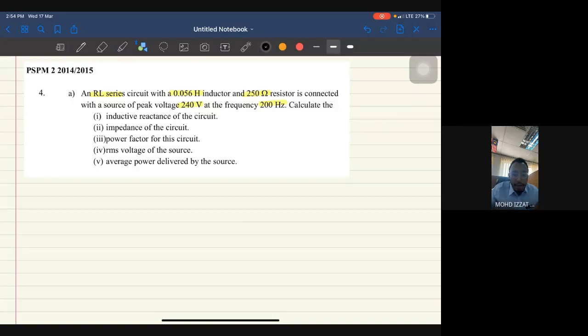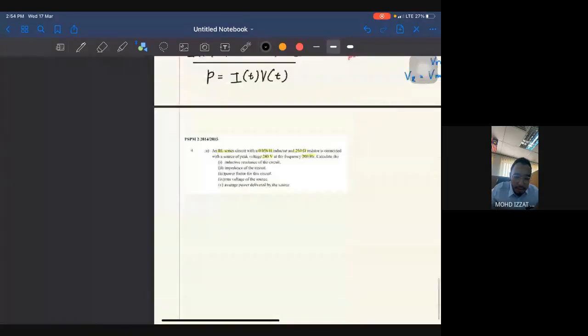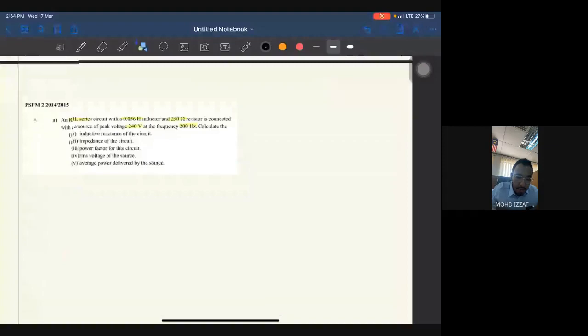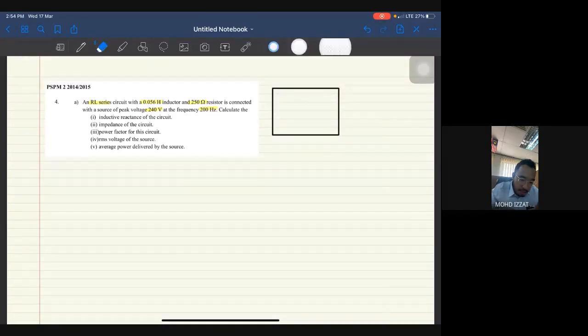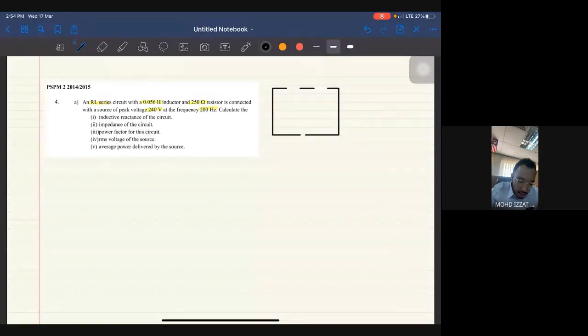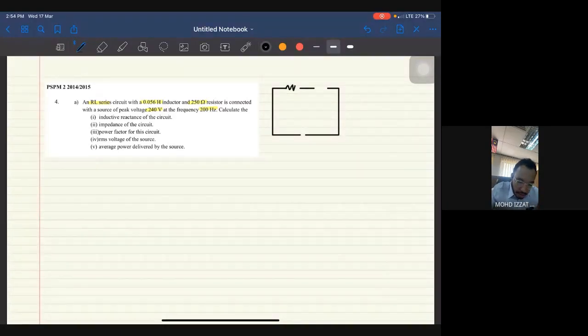First, maybe you can try to draw this circuit. In an example, I strongly suggest you to draw the circuit. So this is my circuit. Kita ada RS circuit, so ada resistor, and then inductor, and then kita ada power supply over here.